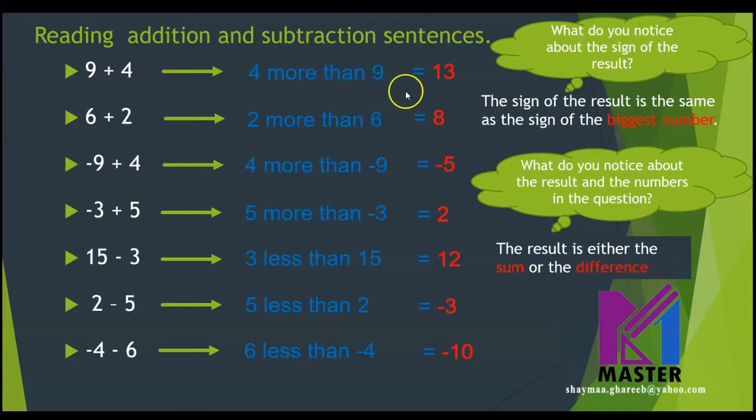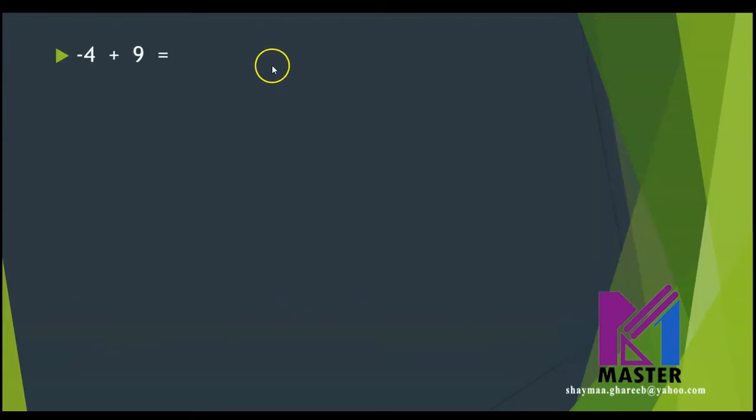I need to find a link between the answer and the question by observing the sign of the biggest number and the answer. Is it the sum or the difference? So let's see together more examples to make this point clearer. This example, negative 4 plus 9.